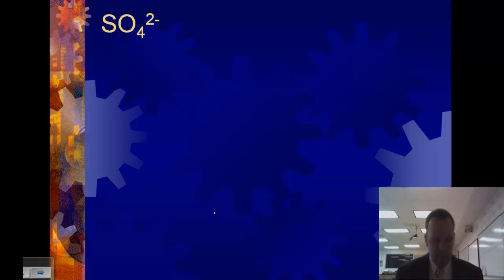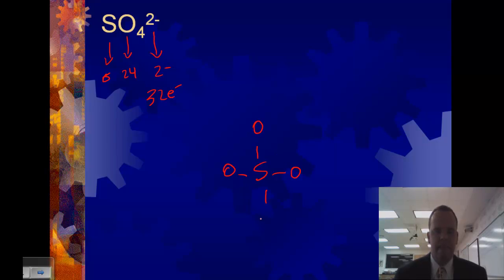Let's look at some more cases. SO4 2-. Now we have 6 from sulfur, 24 from oxygen, plus the 2-, which adds an extra 2 electrons. So we have 32 electrons. If I put the sulfur in the middle and bond it to each of the oxygens, that takes up 8, 9, 10, 11, 12, 13, 14, 16, 18, 20, 22, 24, 26, 28, 30, 32.